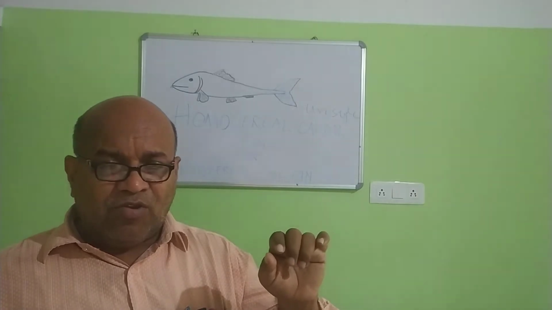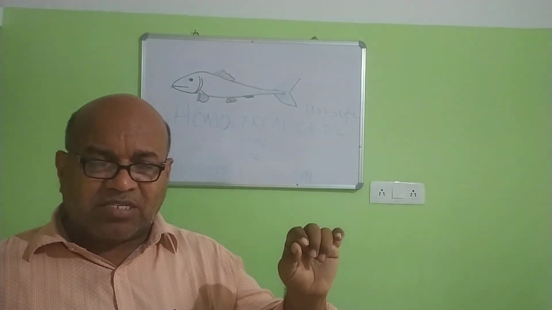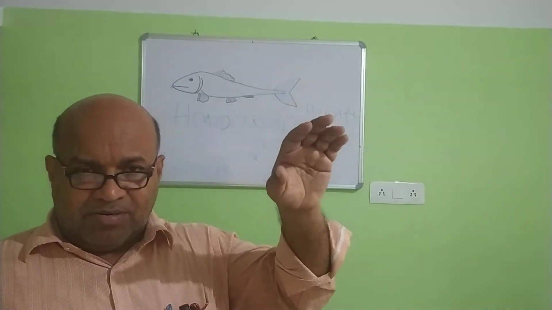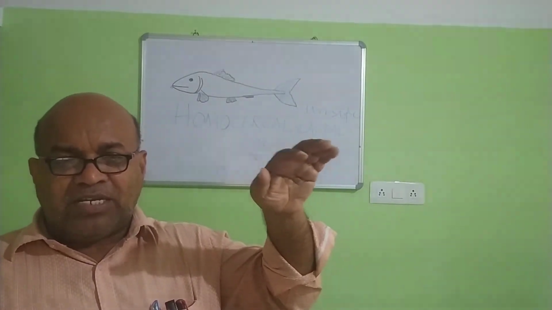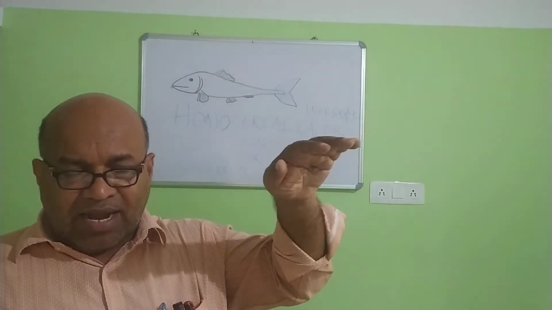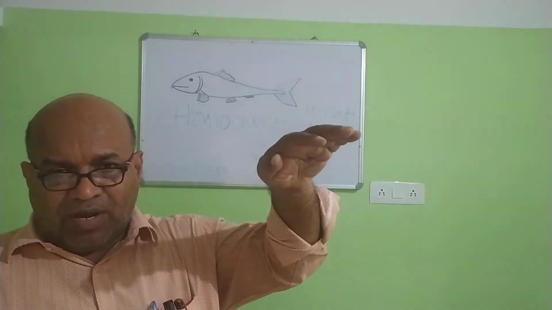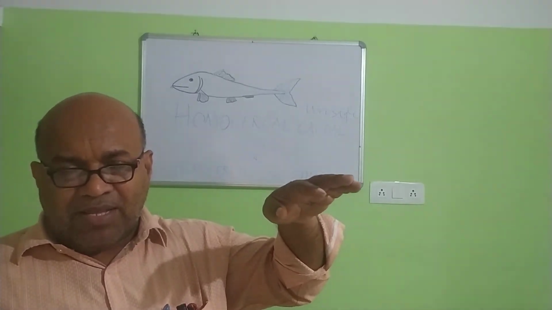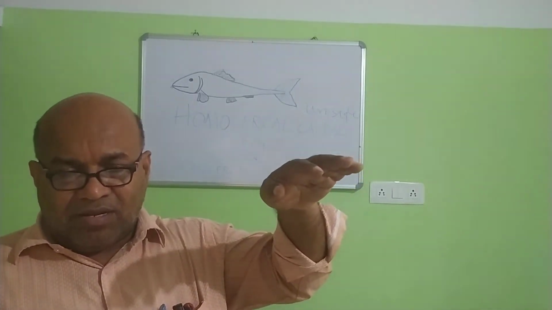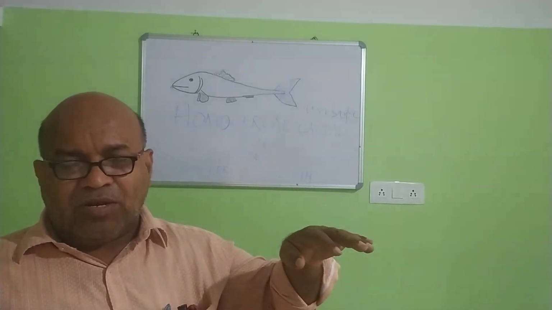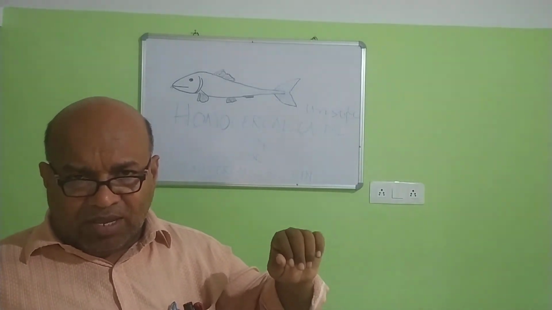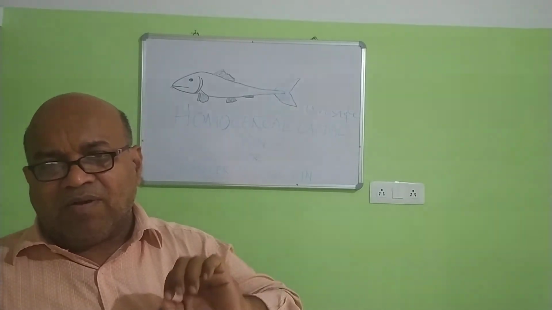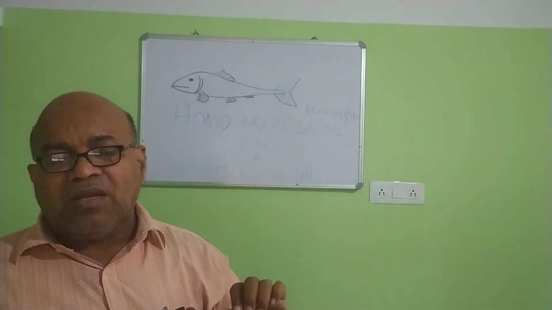That type of feature you find in Exocoetus. So Exocoetus always tries to move upward, and it also exhibits a gliding movement, gliding just above the sea water for a long distance, likely 100 to 200 meters, using their pectoral fins. But initially the force is generally given by the ventral lobe of the caudal fin.